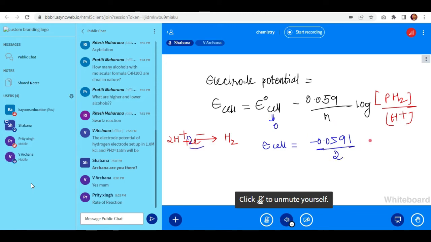Yes, ma'am. So 0.059 by 2 into log, pressure is 1 atm by what is the H plus concentration given? Or else you can take directly. Is any concentration of H plus given to you in the question? No, ma'am. You can consider 1 molar.